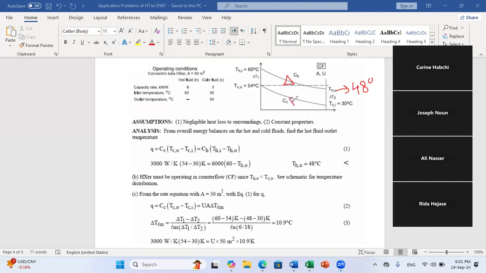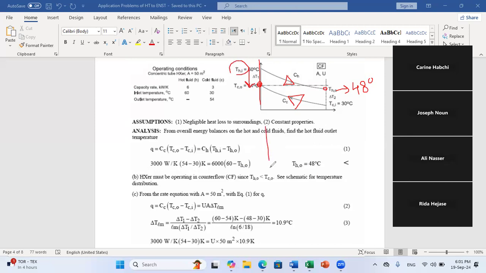And always, to allow heat transfer to be possible, at any section the hot fluid will have a temperature larger than the cold fluid. But because of this counterflow configuration, T cold out can be larger than T hot out, which is the case in this example. But it should be smaller than, of course, T hot in.